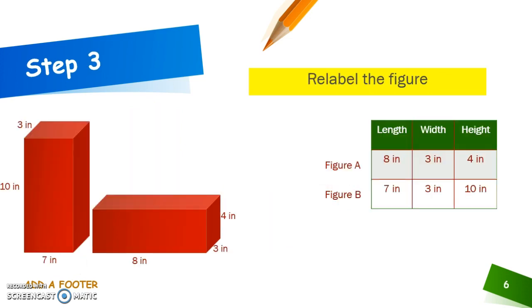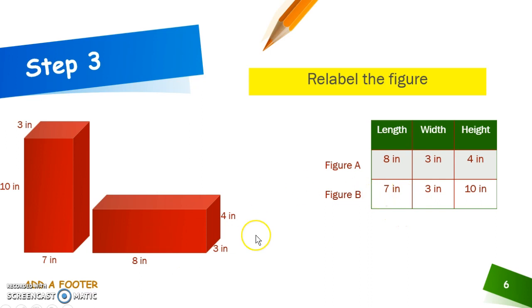Step 3 is relabeling the figure. I make me another table just like this, and I still have my figure separated just like that. The 10, the 3, the 4, and the 7 are all still in the same place. But that 15 is no longer there. So I asked myself, well, I had a length of 7 inches here.